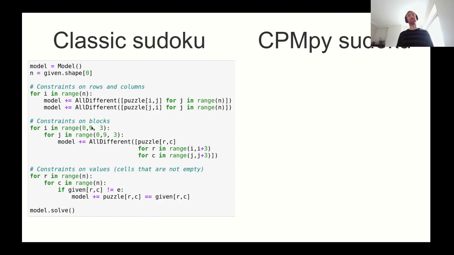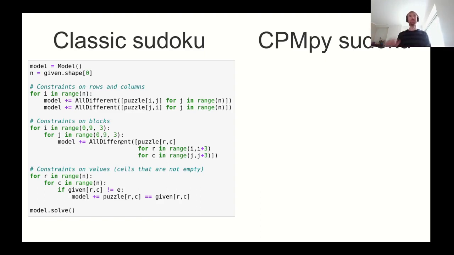Then you need to define the all different on the blocks. Let's say that you jump to the starting point of the block, so 0, 3, 6, 0, 3, 6, and then you post the all different on the ranges 0, 1, 2, for example, for the rows, and 4, 5, 6 for the columns. You do this for all of the blocks.